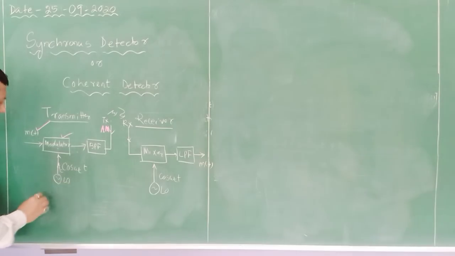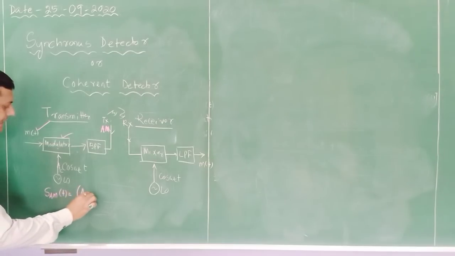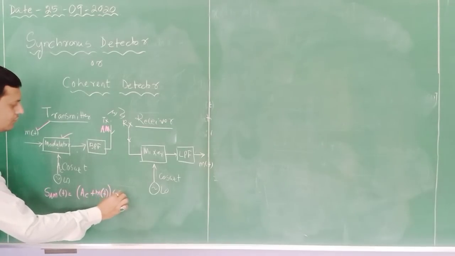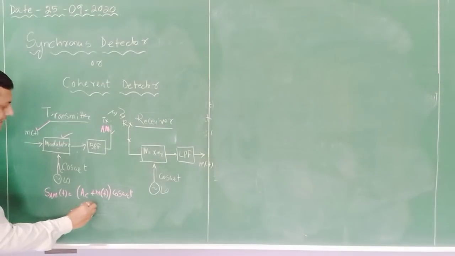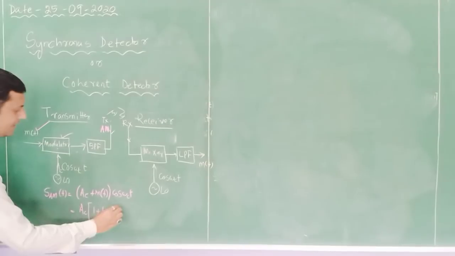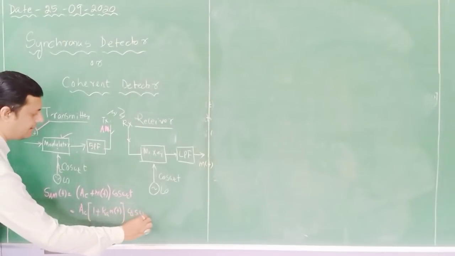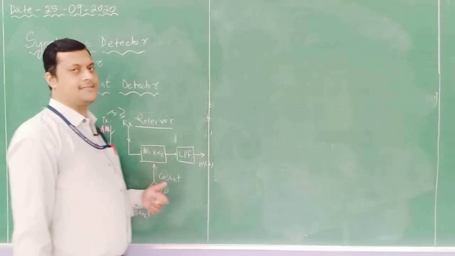Now the AM signal I can write as AC plus m of t, times cos omega c. If I take AC common, I can write AC times 1 plus Ka m of t, whole times cos omega c. So this is my AM transmitted signal.